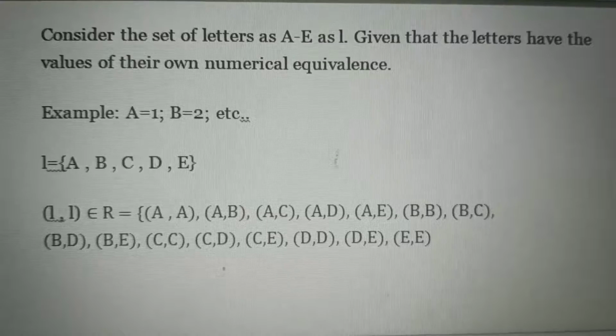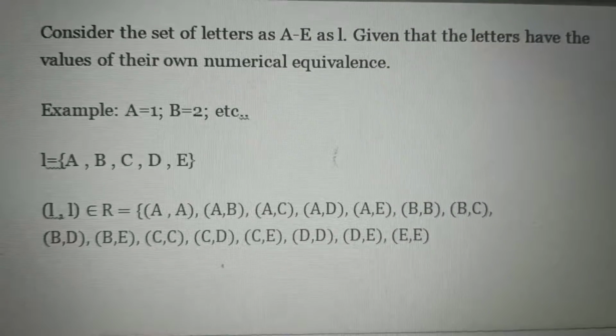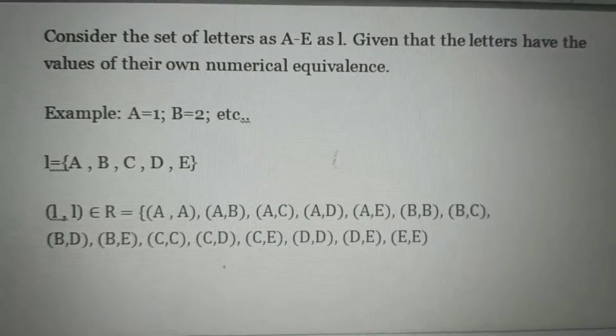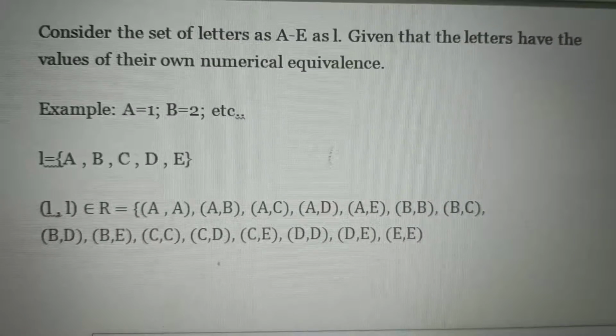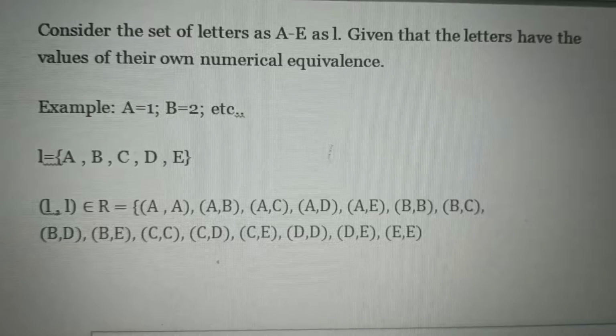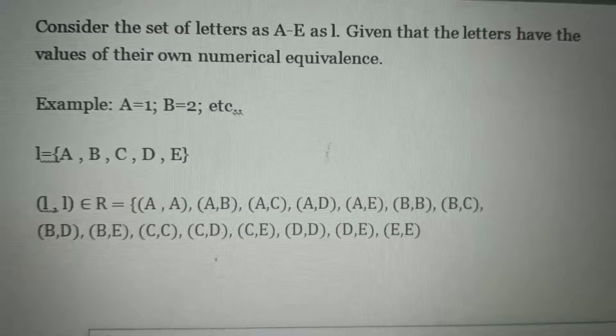The last example for reflexive property of relation is, consider the set of letters A to E as L, given that the letters have the values of their own numerical equivalents.